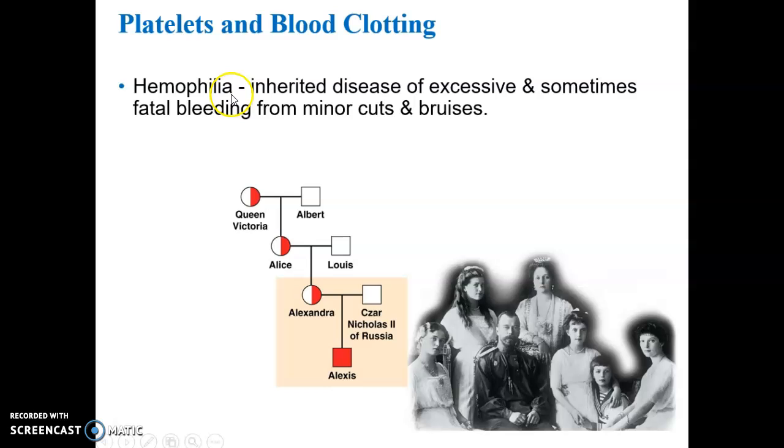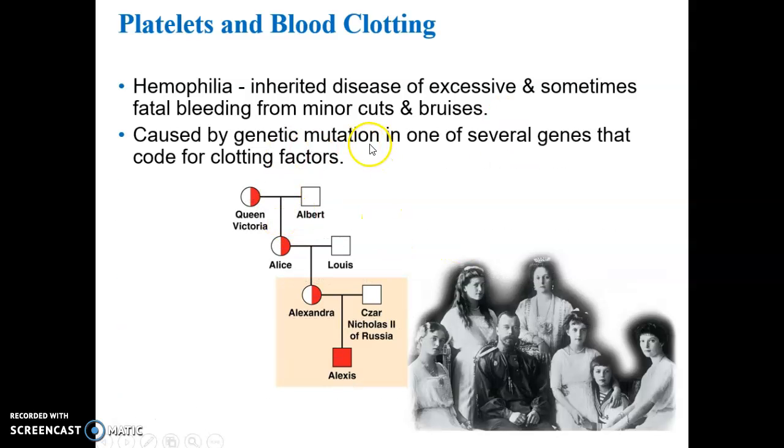Hemophilia is an inherited disease that's pretty nasty, and what happens is it can lead to fatal bleeding, even from a minor cut or bruise, because the normal blood clotting cascade is interrupted because there's a genetic mutation in one or more of the genes that code for the blood clotting factors, which are proteins.